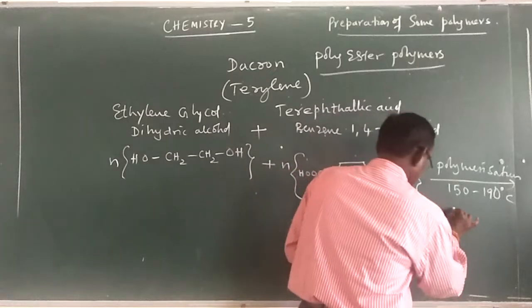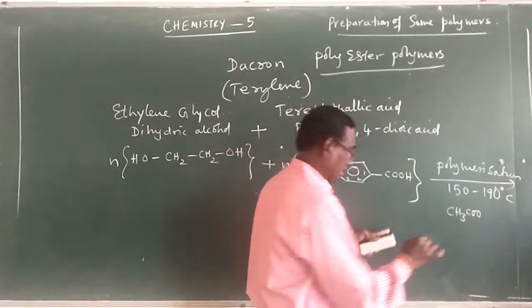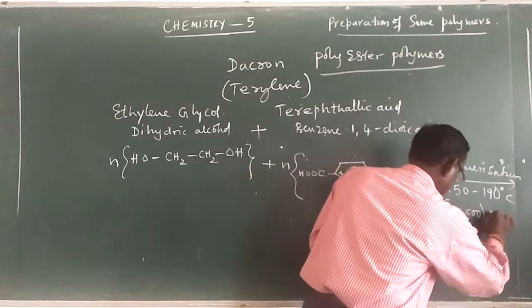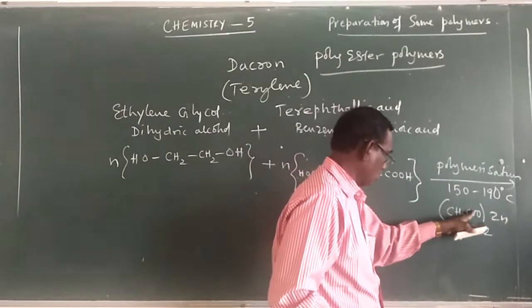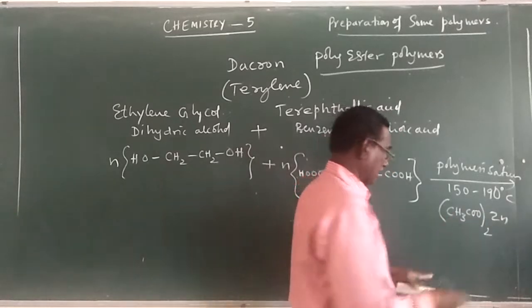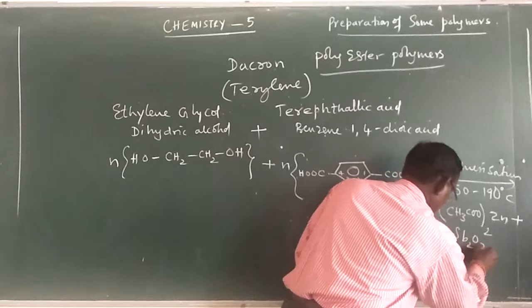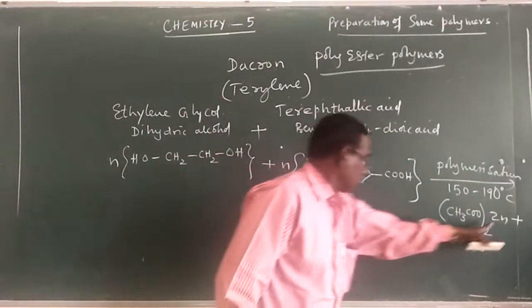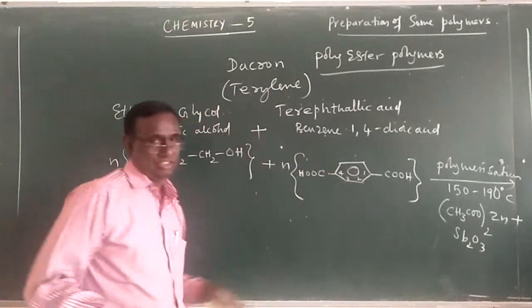What is the formula for acetate? CH3COO. You have to write it twice with Zn, because the valence of Zn is 2. Therefore, (CH3COO)2Zn, zinc acetate, plus antimony trioxide, Sb2O3. This mixture acts as a catalyst for this polymerization.